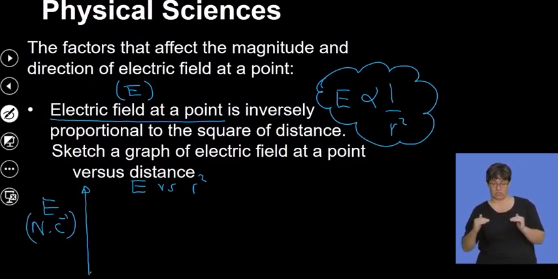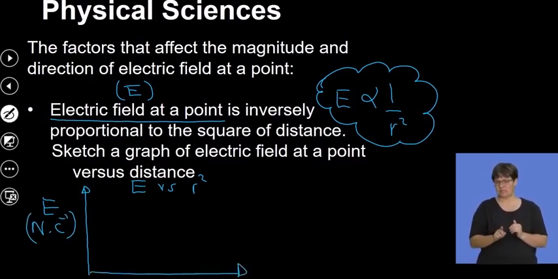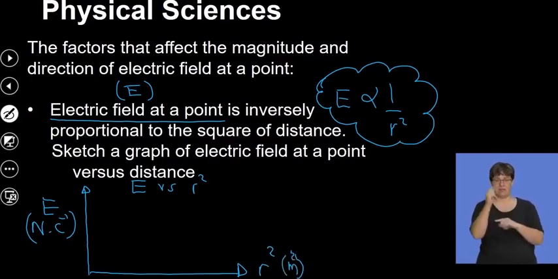And then on the horizontal axis, what do we have? We've got the square of the distance, all right, which is r squared. This is in meters squared, right? Those are the units of our independent variable. So this is the mathematical relationship that we managed to obtain.